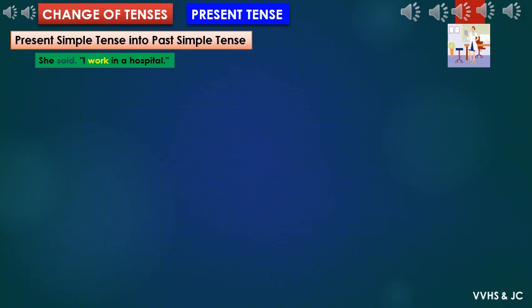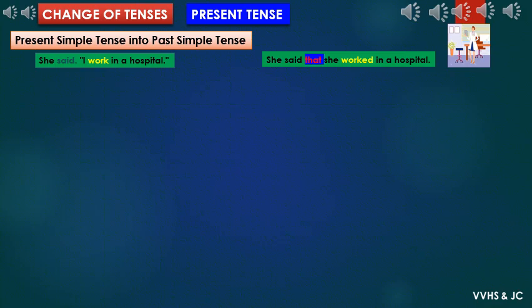What is the verb here? Work. And what is the tense of the verb? Simple present tense. So, when we change this into indirect speech, the reported speech will change into simple past. So the sentence will be, she said that she worked in a hospital.